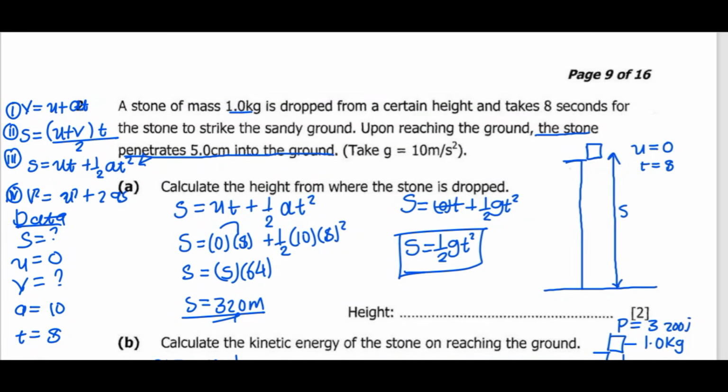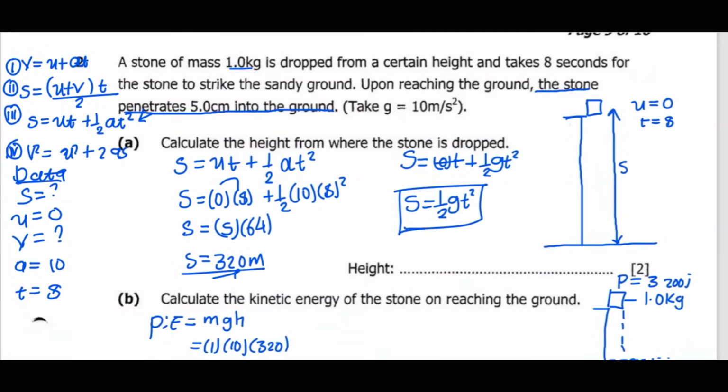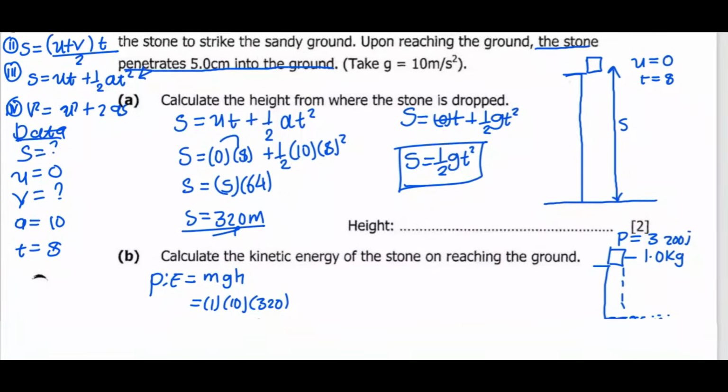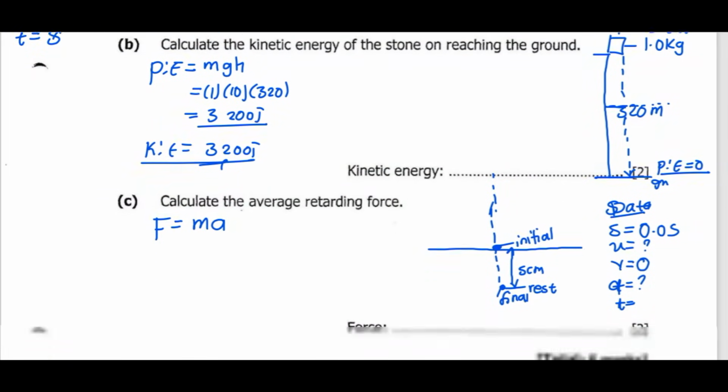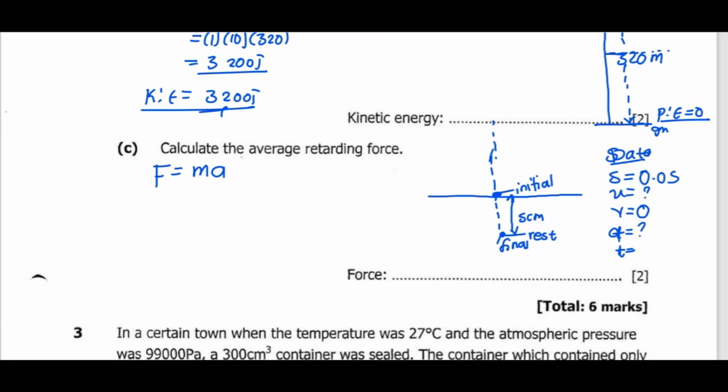Final velocity, initial velocity. Okay, so we have that. So we can say that all these formulas have the initial velocity. So what can we do? Let's calculate the initial velocity from the original data. So how can we solve?